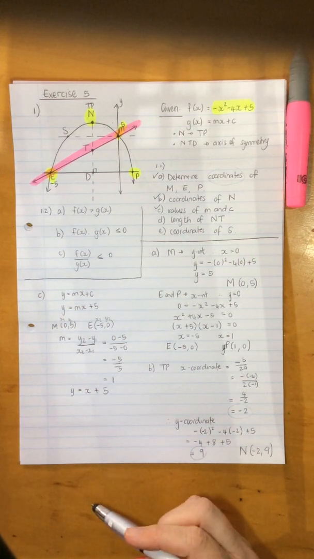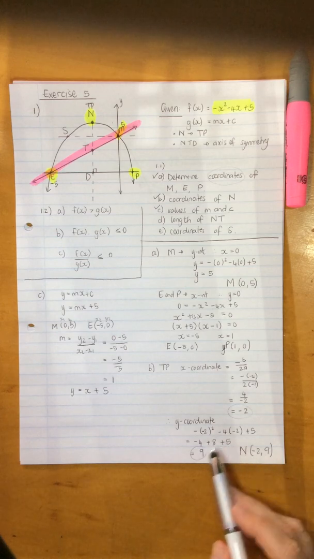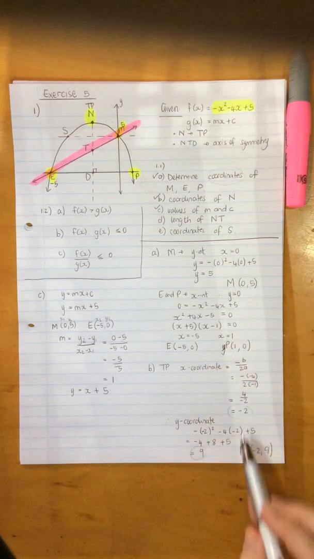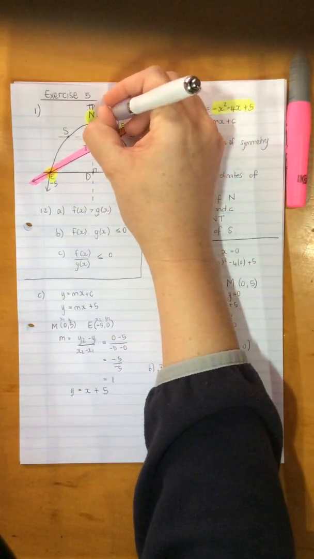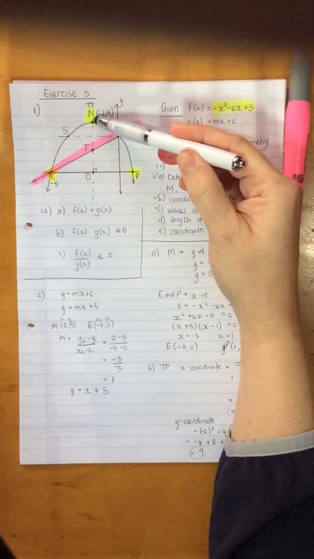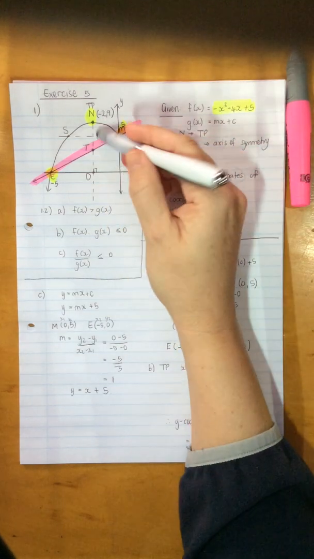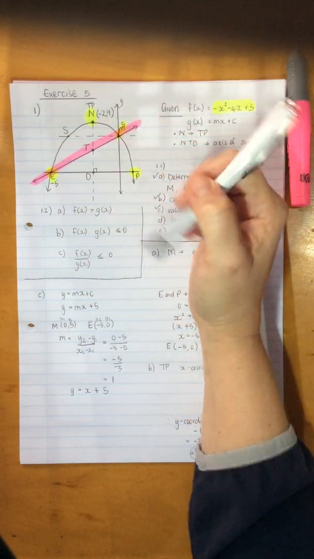Right. So, what do I know at this point? I know that N, I've worked out, is -2 and 9. They've told me that NTD is the axis of symmetry, and they showed me that it's in the same line.